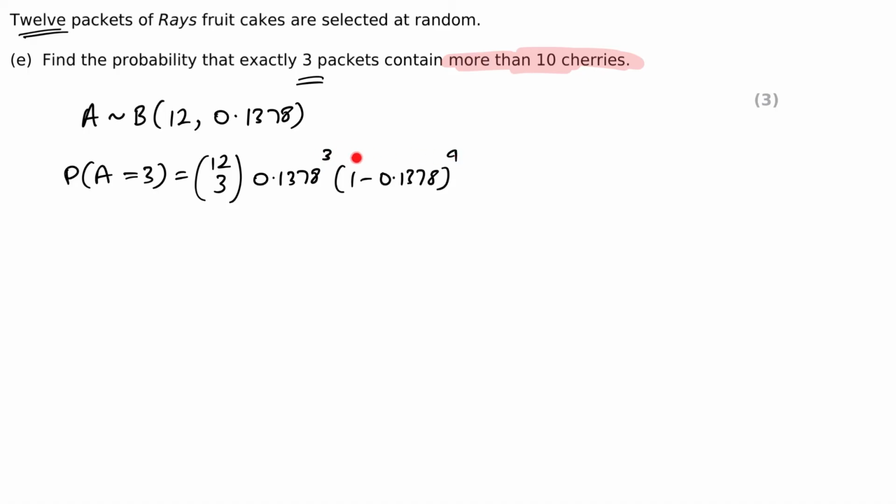Remembering that these should always total our value of n. After this, then it's just a matter of putting it into my calculator, and I get 0.15158 and so on. So let's do 0.152 to 3 significant figures.